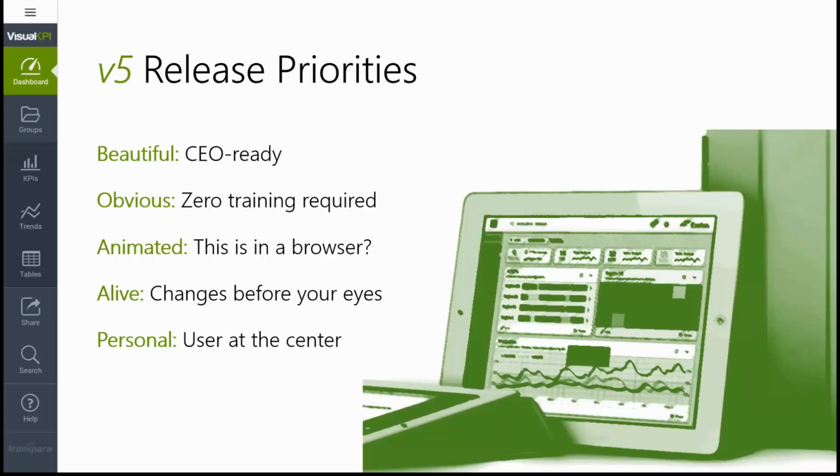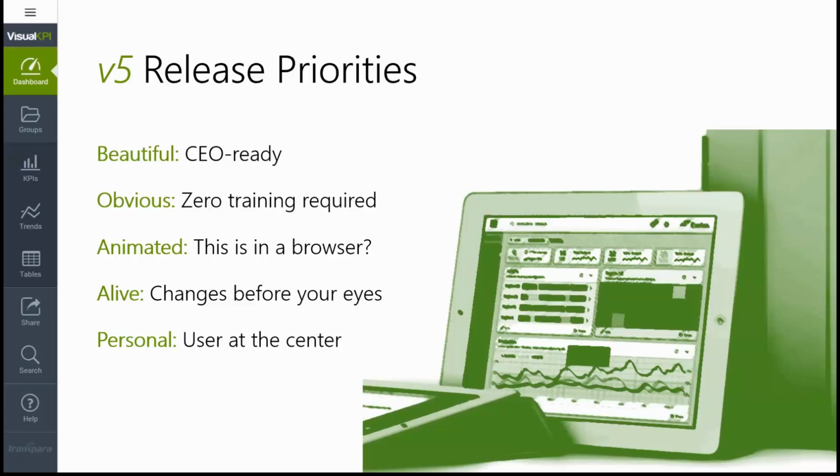The third one is we've always been a web application, so not a local application you install on your device, and in the past that meant looking like a web page. But with today's underlying technology and some of the things we've put to use, we now are a full-fledged competitor with any local application. It's animated, it's fast, it's beautiful, and that ties into the next point, which is it's alive.